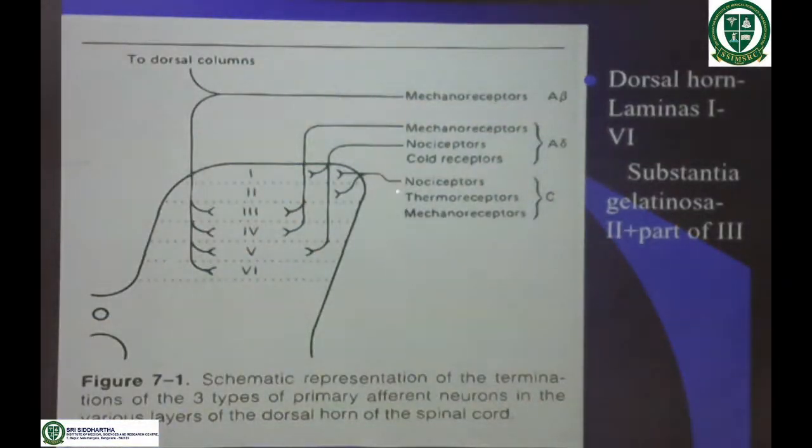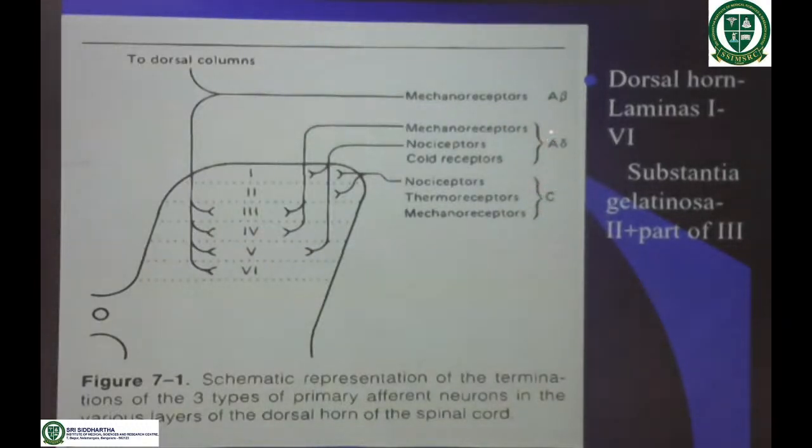This is a diagram showing the dorsal horn laminae 1 to 6. These are the groups of sensory fibers where they relay in the respective segments. In lamina 1, and substantia gelatinosa, lamina 2 plus part of 3, A delta and C fibers are the ones which carry the pain pathway.